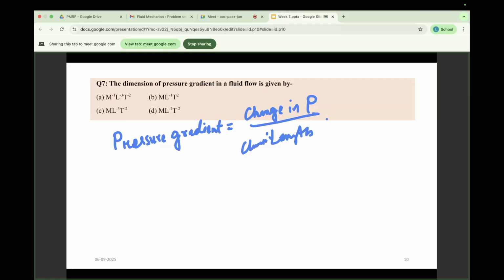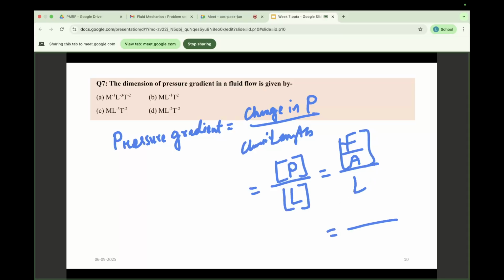So for the dimensional form, you need the dimension of P, and below you need the dimension of L, length. Pressure is force by area, right? So you need the dimension of force by area into L.